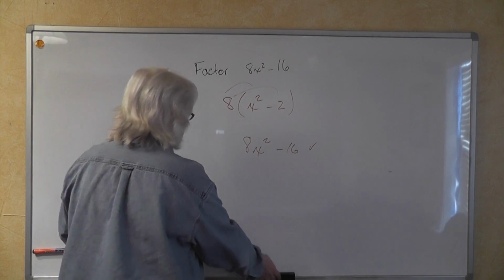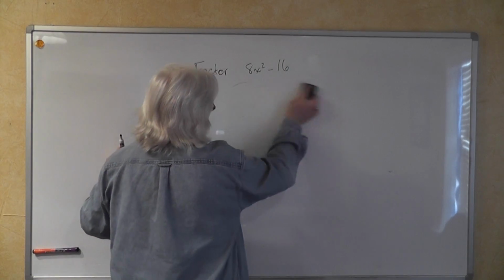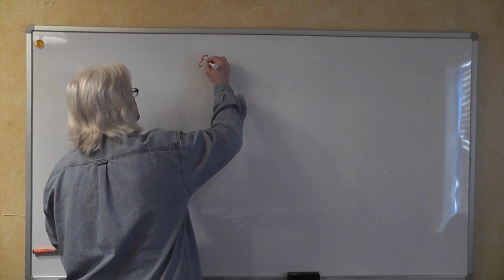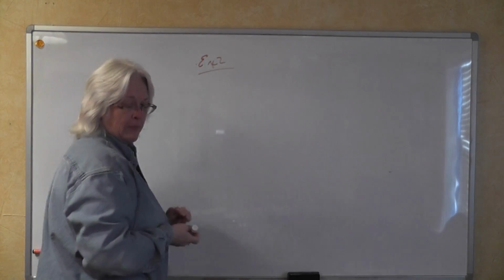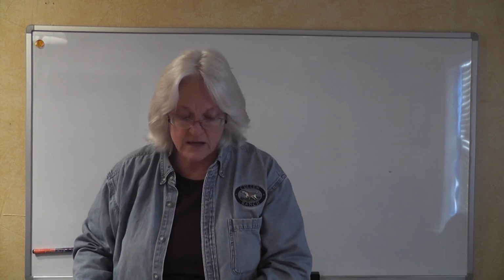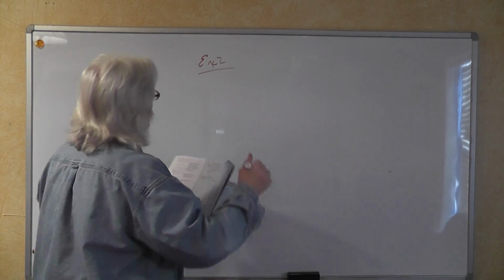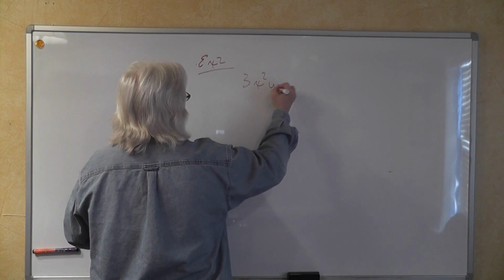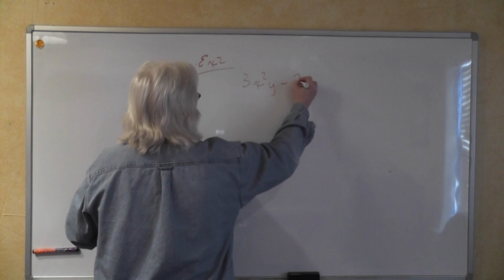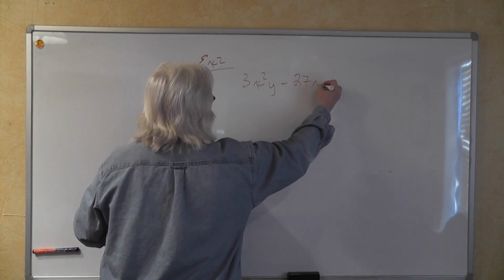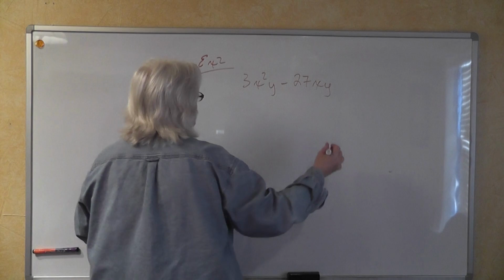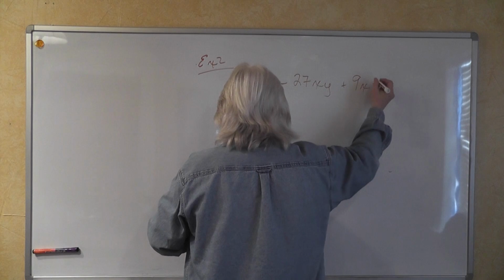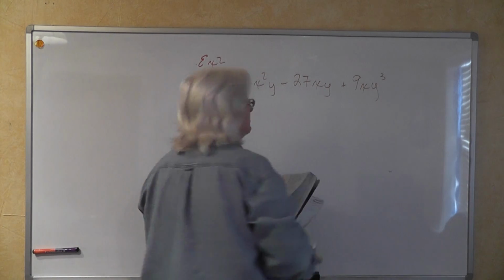Okay, let's go ahead and look at example number 2. Example 2 says factor 3x squared y minus 27xy plus 9xy cubed.